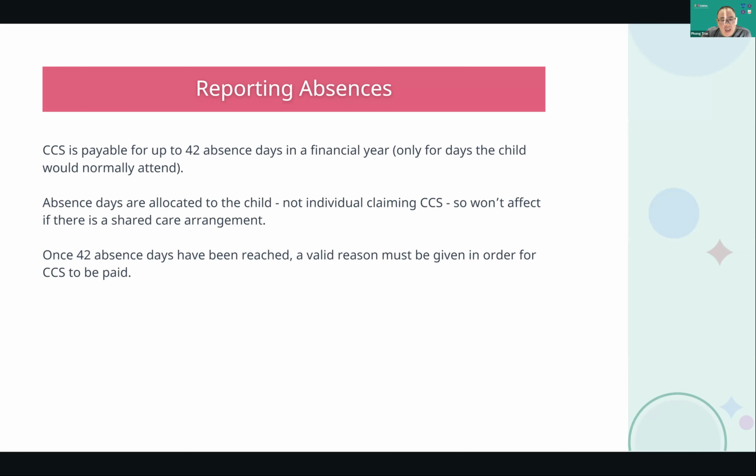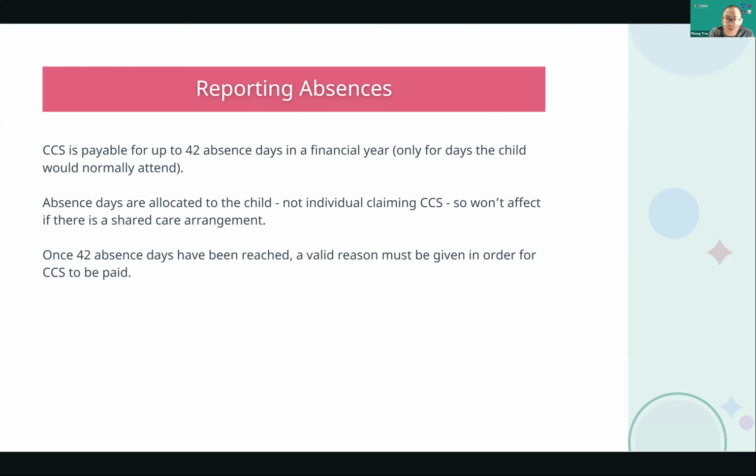Now, in shared care arrangements where separated parents both claim CCS for that child, the 42 absences are allocated to the child, not the individual parent. What this means, guys, is child John Smith, parents are Martha and Jacob. If John Smith has 21 days registered under Martha and 21 days registered under Jacob, it still counts as 42 days.